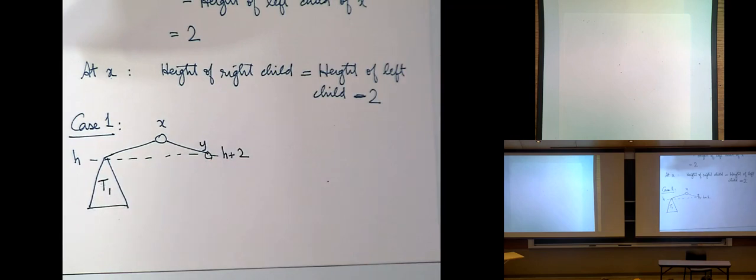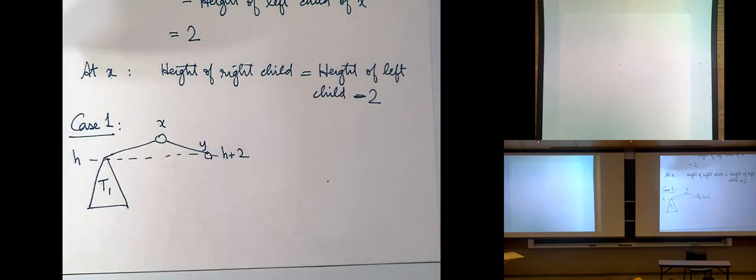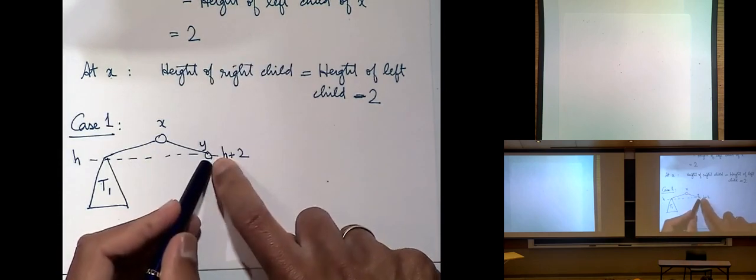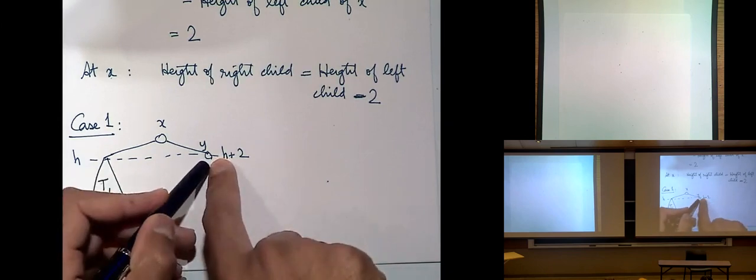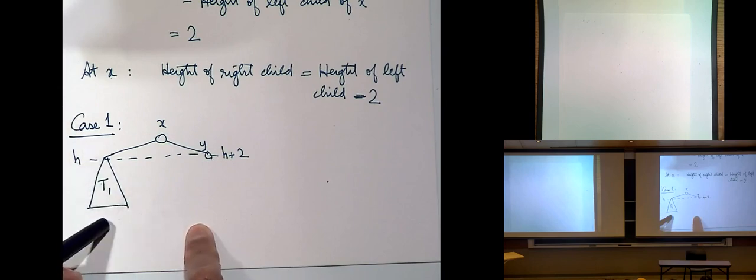Now this height of h plus 2 could be coming either from its left or right. That makes sense? So it's like saying that anytime you have a height, it's because there's some leaf that's at that distance. So there's some leaf that's at a distance of h plus 2 from y. That leaf might be at the left or the right, and that's going to give us case 1 and case 2.